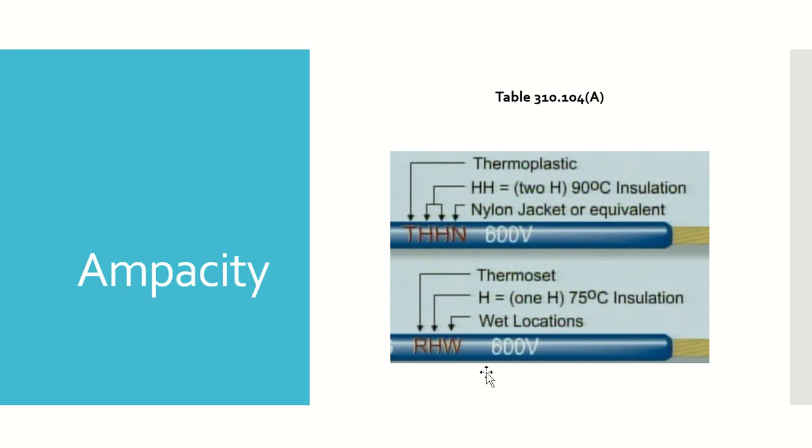Without the -2, it is just a 75 degrees C conductor. Can be used in dry and wet locations. It's got a flame retardant moisture resistant thermoset jacket. And it looks like it comes in sizes 14 all the way up to 2,000 kcmil. So that's just an example of how I can figure out, based off of those abbreviations on my jacket, what the maximum operating temperature of that conductor is.